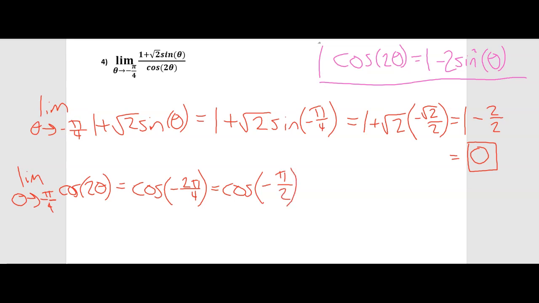And cosine of pi over 2 and cosine of negative pi over 2 are both 0, regardless. So our denominator's limit also goes to 0, and we have an indeterminate form. So we are not done. We are going to have to use either some factoring or some trig manipulation or some rationalizing to be able to figure out this limit.